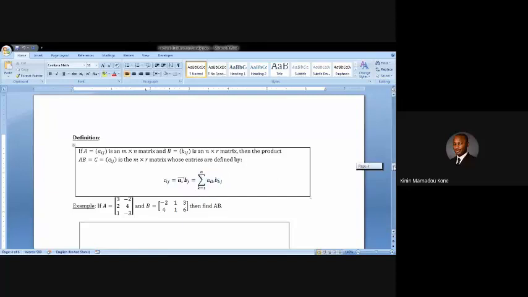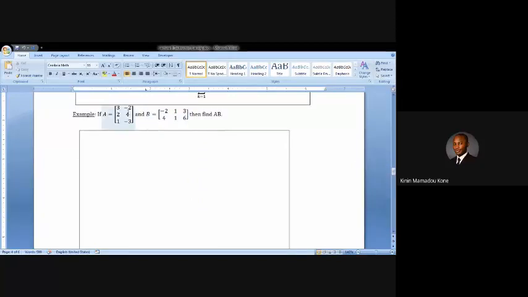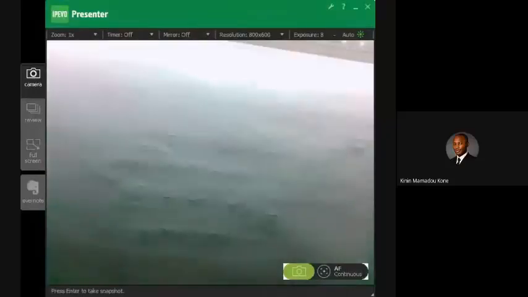So let's see an example. If A is equal to this and B is equal to this, let's find AB. So let's do it the first way.